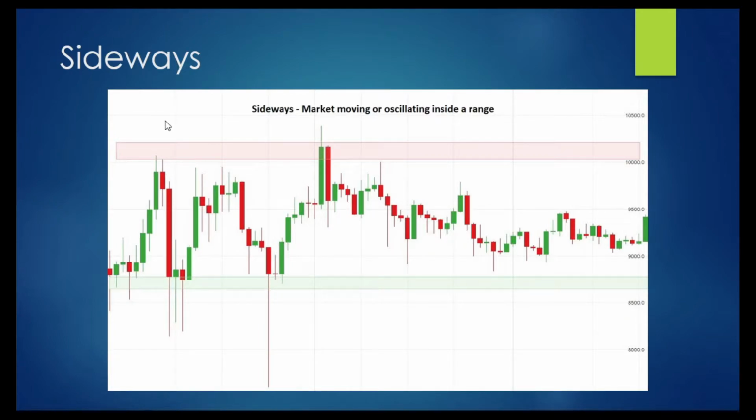A sideways market, on the other hand, is a market moving or oscillating inside a defined range. So as you can see here, there's an evident support and resistance. And here, there was a higher high, but it was not a series of higher highs.